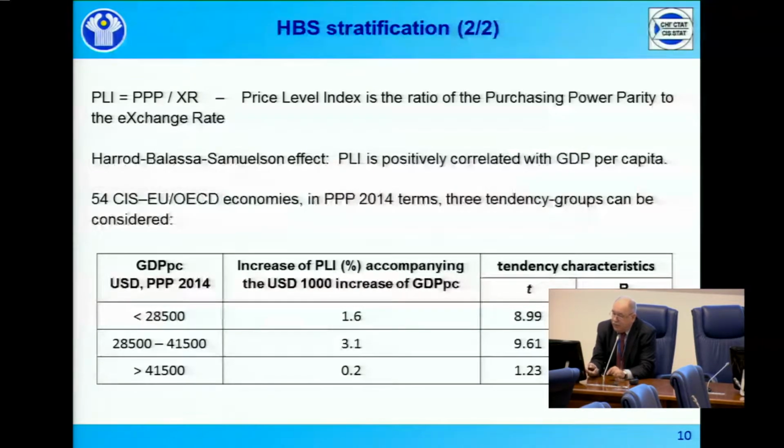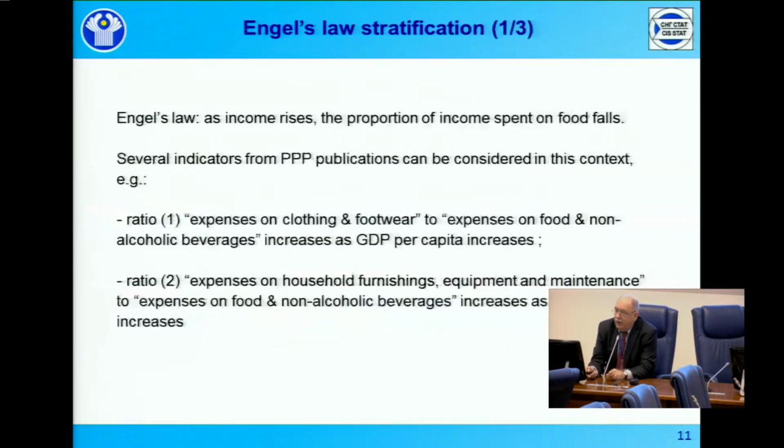Well, the third one is not so stable. This was an example of stratification within the context of the Harrod-Balassa-Samuelson effect. Now, we can see other examples.